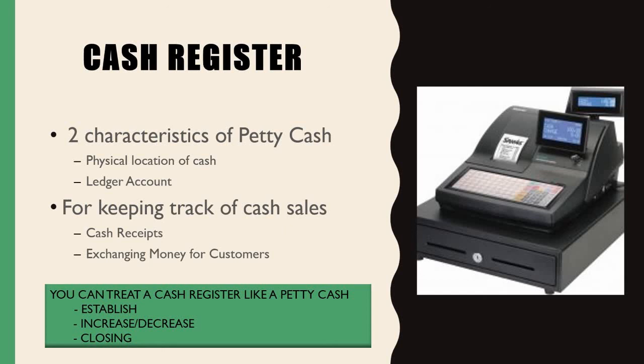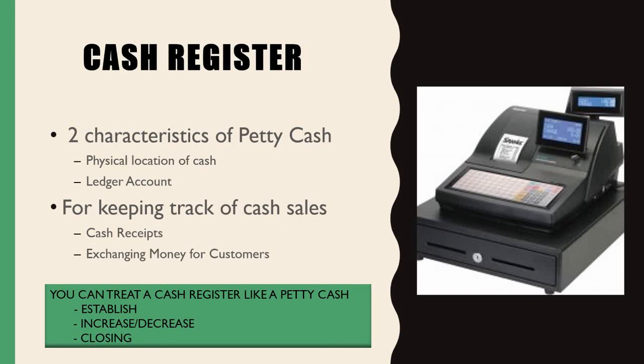So the idea is that your cash register should have the cash that you started out with in the very beginning of the day. Then when you count your cash receipts and the cash that you have in your register, you subtract out what you started with, and your cash receipts should match your register at all times.